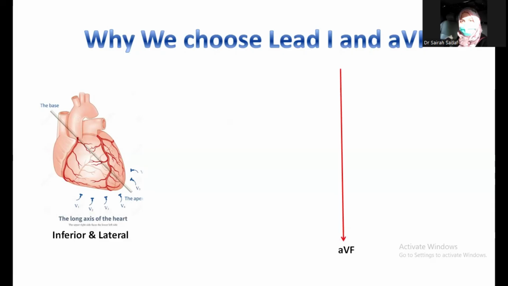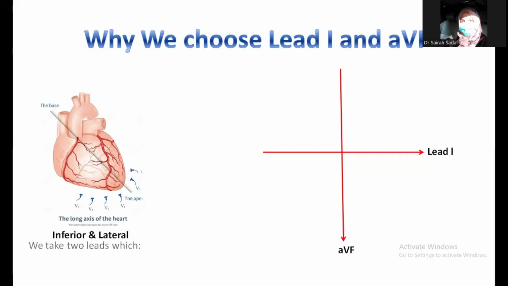If we draw the aVF on the graph paper, the aVF lead represents the inferior side of the electrical activity of the heart. And lead 1 represents the left side of the electrical activity going on inside the heart. So both of these make an infralateral axis, the exact axis of the electrical activity of the heart.